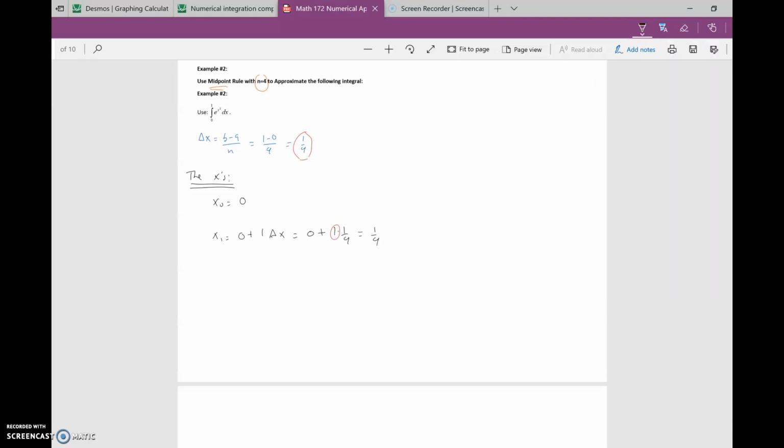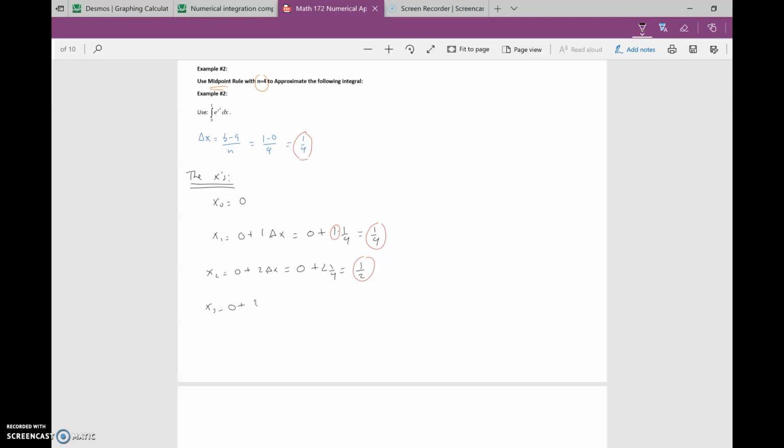Then the next term is going to be x of 2, which is 0 plus 2 delta x, which is equal to 0 plus 2 times a fourth. This is equal to a half. Then the next value is x of 3.